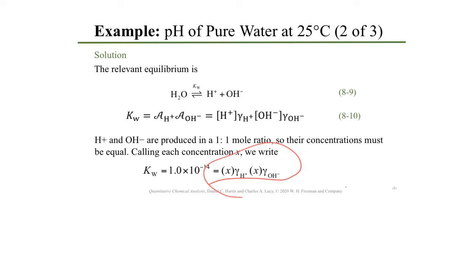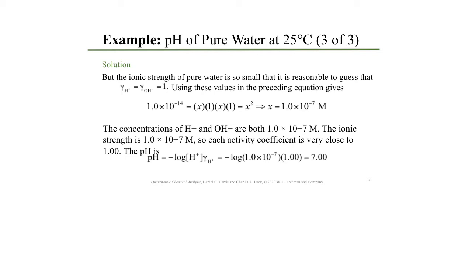We're going to use X and X because the concentrations should be similar, modified by that activity coefficient. So again, going straight up and saying these two are going to equal 1, you would come up with 1 times 10 to the minus 7th for X, and you'd come up with a pH of 7. So that would be in water with no ionic strength.